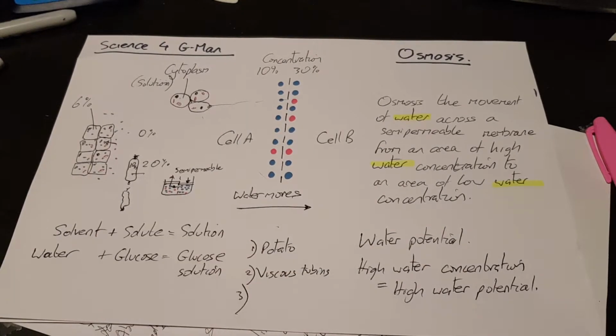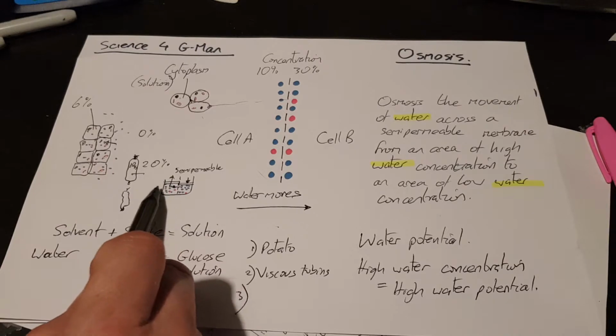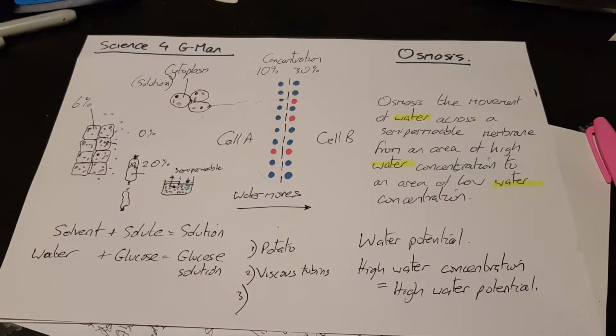And there's a couple of reasons why that happens. One is just the movement of water and the fact that the solute can't get through the semi-permeable membrane, so the water on average moves that way, from the high concentration of water to the low concentration, the high water potential to the low water potential.